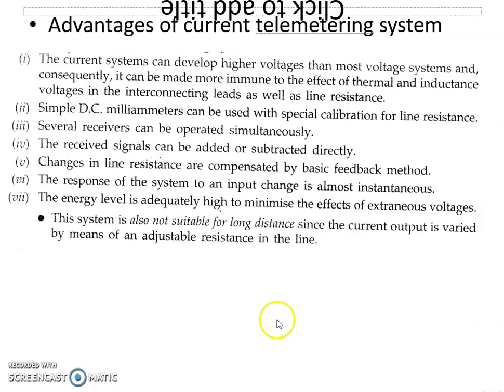And it has the only disadvantage that this system is also not suitable for long distance data transmission, since it is a line connected data transmission system, so it can be used only for short distance data transmission.